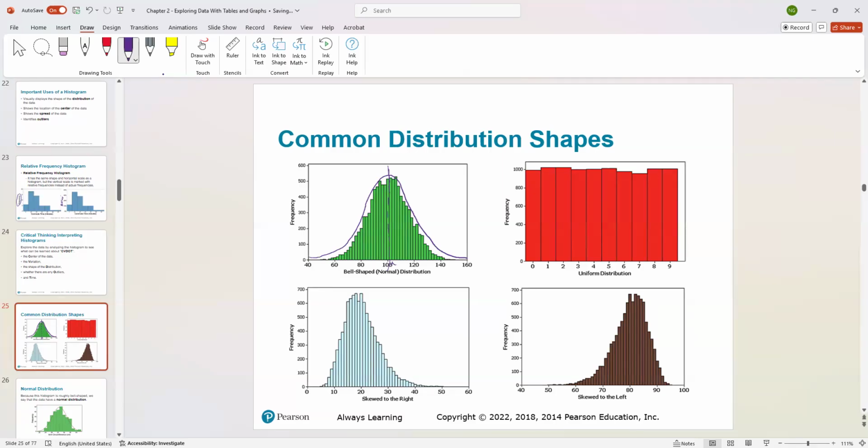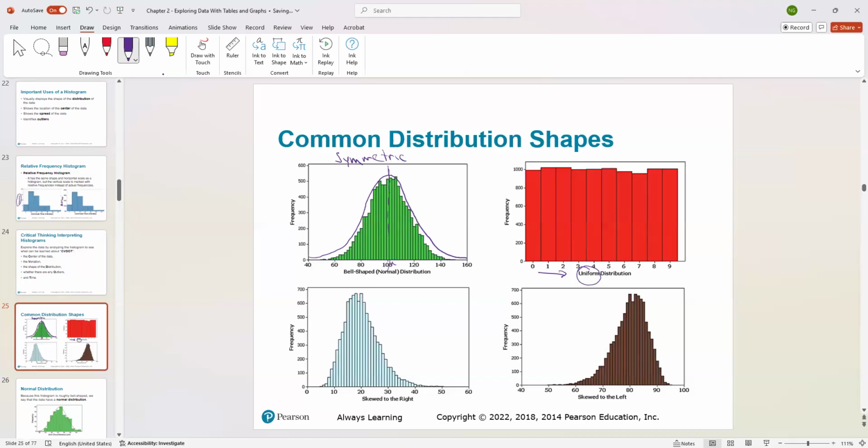We call this one a uniform distribution. It has a uniform distribution, and this one is symmetric.